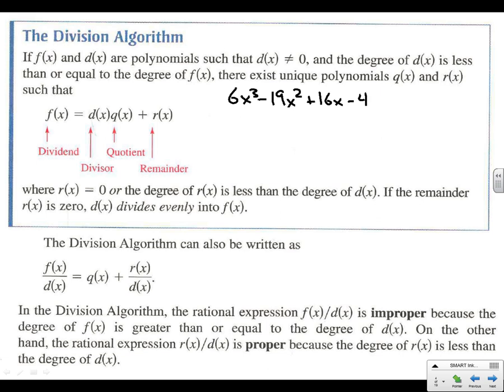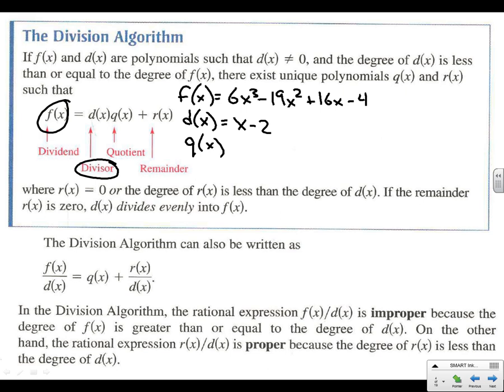If that's our original, we call it the dividend, the number to be divided. And when we divided it by the polynomial we plugged in, x minus 2, which is d of x, we got as a quotient q of x.